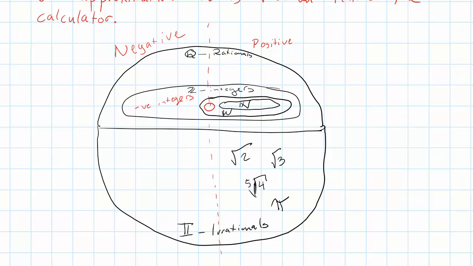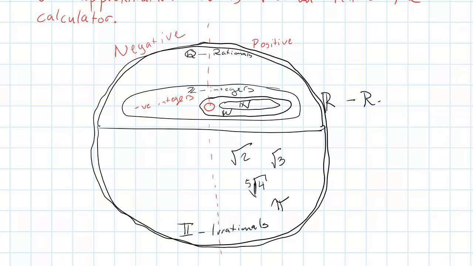If you put them all together, the big set of numbers that consists of the rational numbers and the irrational numbers, the positive numbers and the negative numbers, is called the real numbers. What, real numbers, as opposed to pretend numbers? Yeah, actually, totally as opposed to pretend numbers. Well, real numbers as opposed to imaginary numbers, which are objects that you'll meet later in your career.